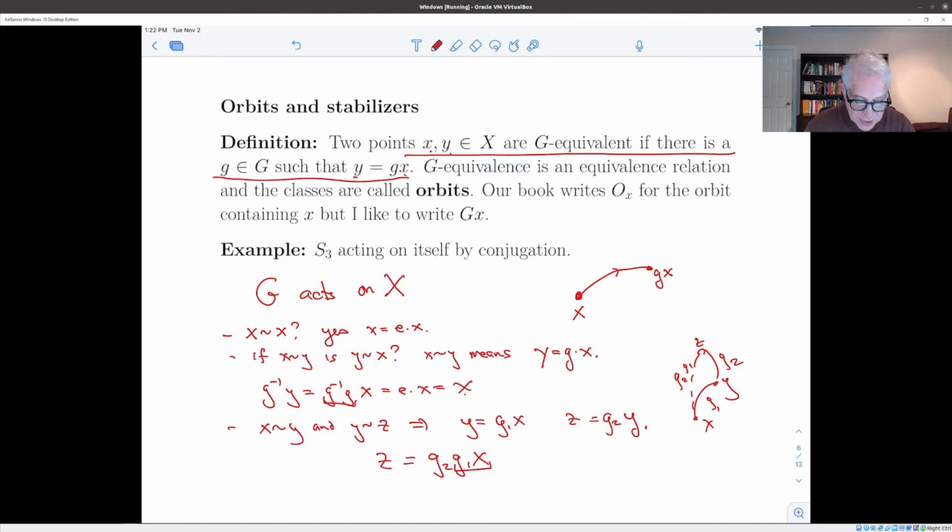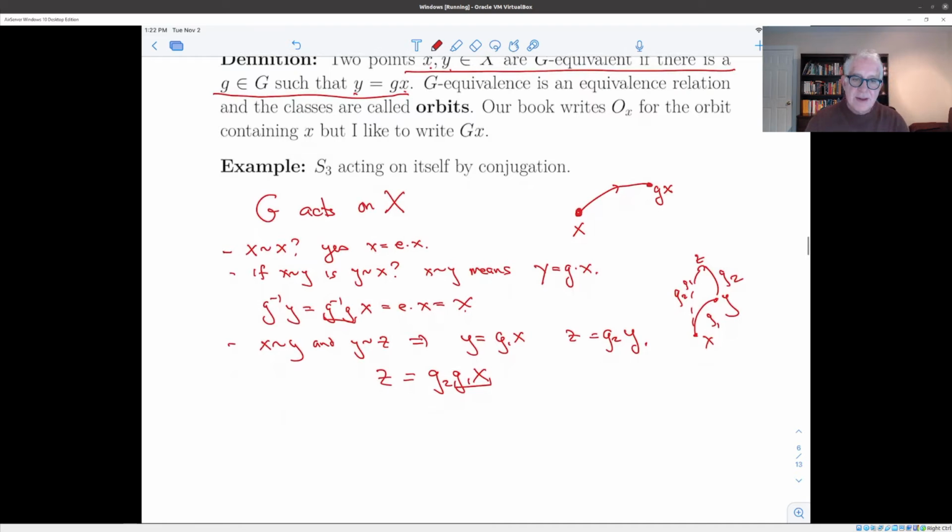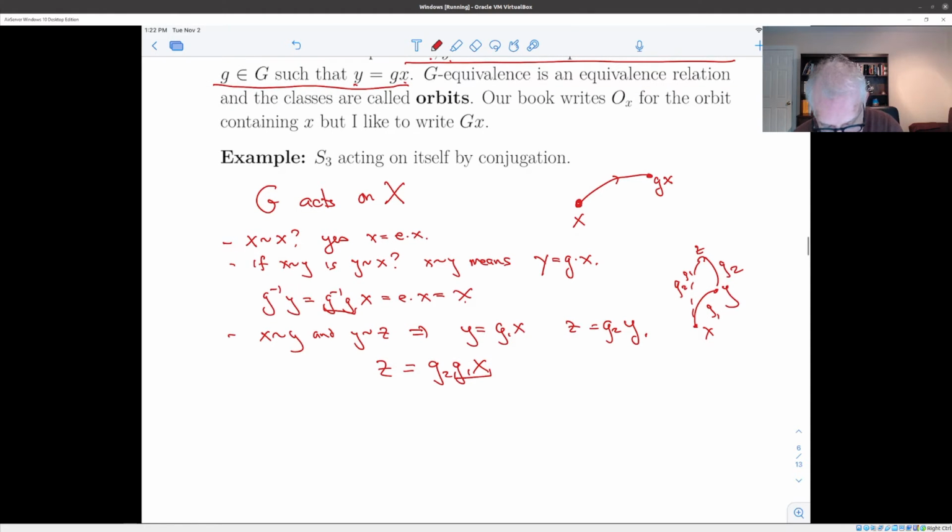So we have an equivalence relation, and as we've done many times in this class, when you have an equivalence relation, this means that the set X gets divided up into equivalence classes. And those classes are called orbits.